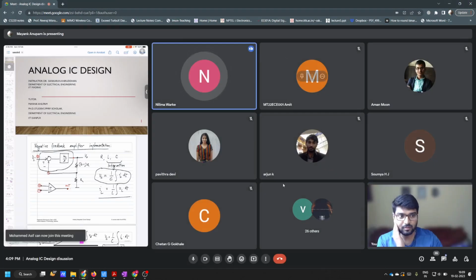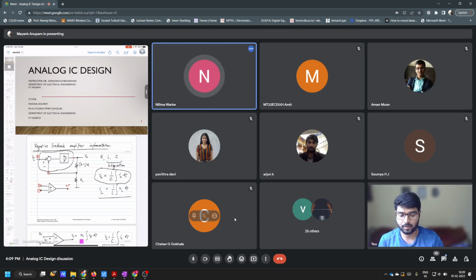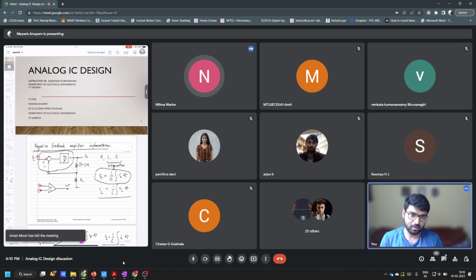One more point: in the previous week's assignment, it was clearly mentioned that if the decimal points are not specified, you can consider two points after the decimal. But in some of the solutions, I put two digits after the decimal, and it has not been considered and has been marked wrong. So it would be better if you could discuss some of those questions.